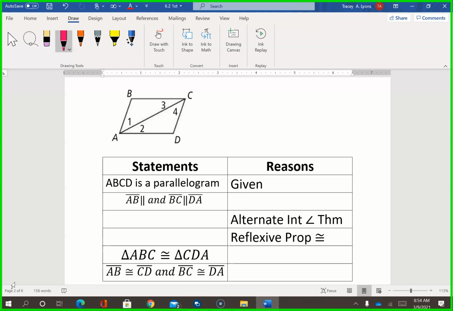Looking at it, it looks like I skipped a couple things here. Let me fix it. Don't do parallel here. It should be AB congruent to CD, and put a congruent symbol there.